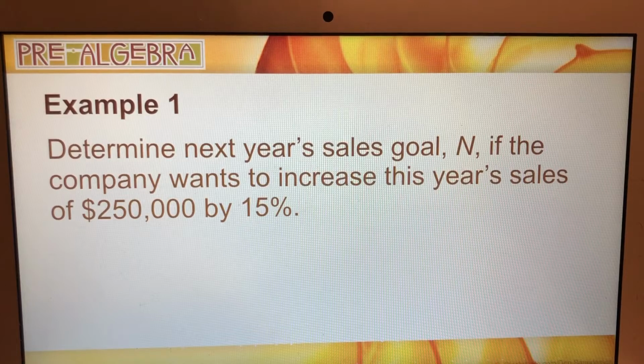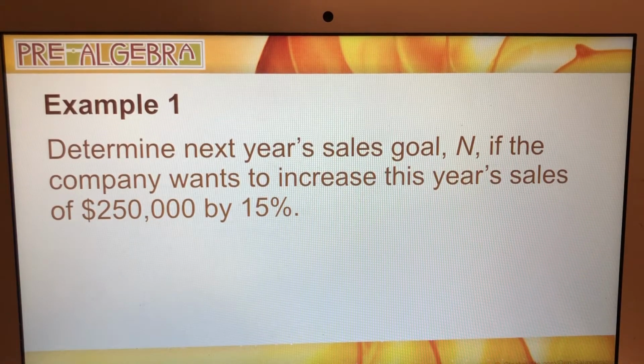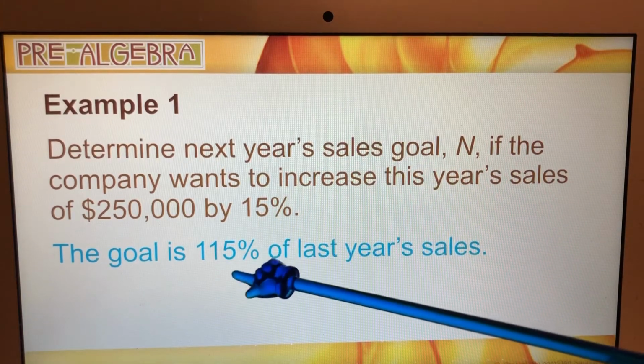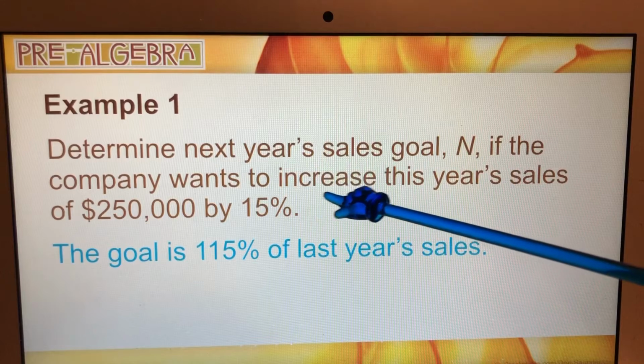Determine next year's sales goal N if the company wants to increase this year's sales of $250,000 by 15%. So the goal is 115% of last year's sales, okay? Because this is an increase.